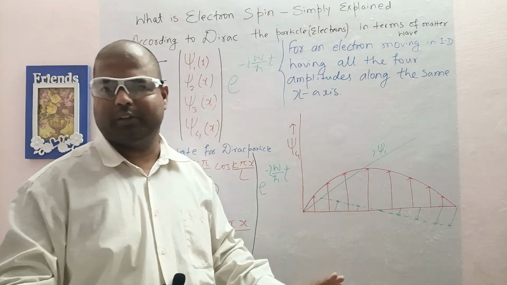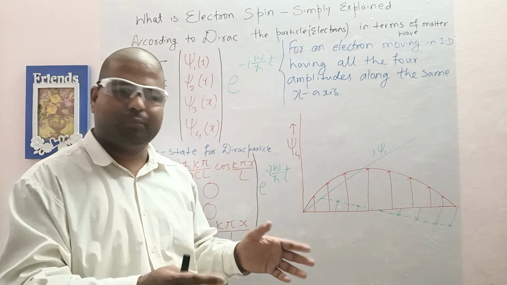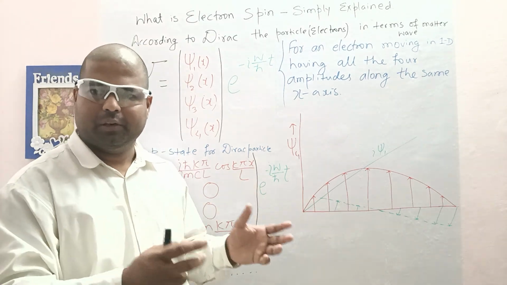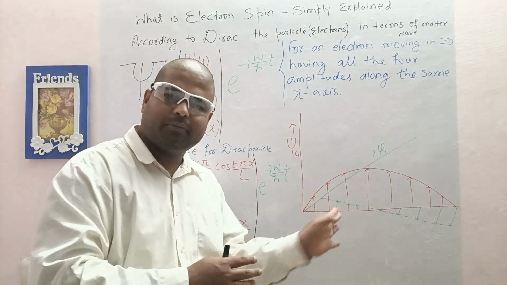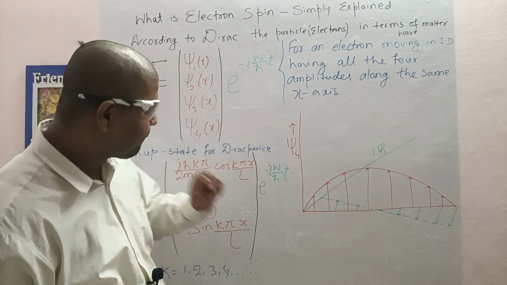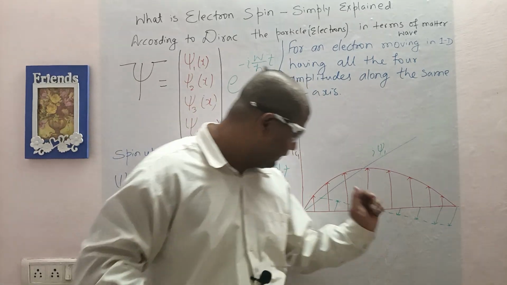But they all are along the x-axis. In physical significance, you have to think all four components are along the x-axis. It's very strange. We have to think of all these things along the x-axis, but plotting takes a vertical, orthogonal axis. It's along 1D.